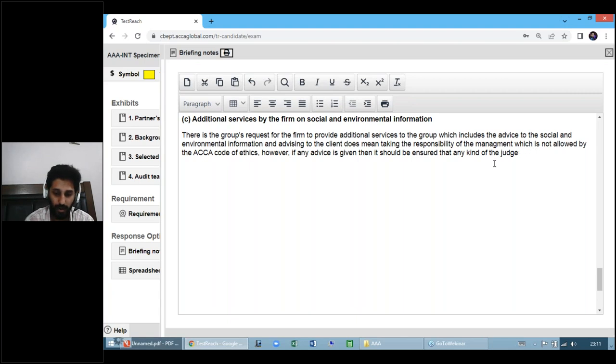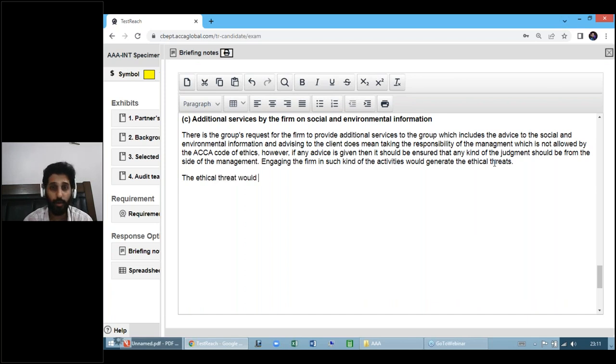Any kind of judgment should be exercised from the side of the management, and engaging the firm in such kind of activities would generate the ethical threats. What would be the ethical threat?